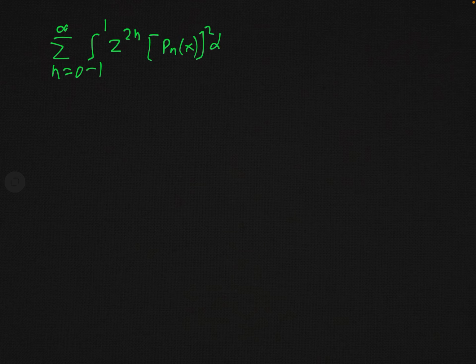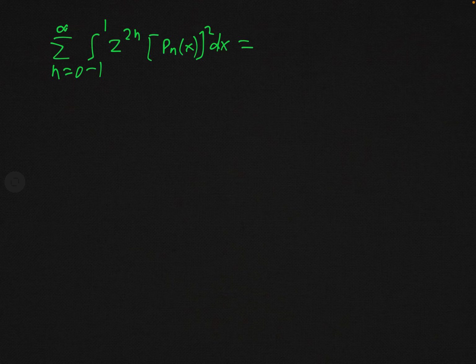In the LHS was summation n from 0 to infinity, integral from minus 1 to plus 1 of z to the power 2n into Pn of x whole square dx.